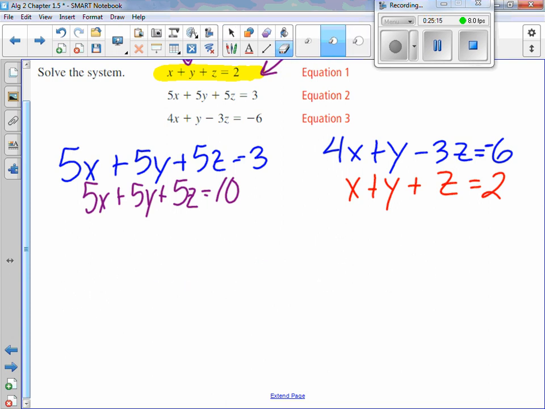I'm going to erase this here. I'm going to do this one here first. Now, since the y's on this one on the right are the same sign, we do what? We subtract. When the signs are the same, we subtract. When the signs are opposite, we add. So here we're going to subtract.